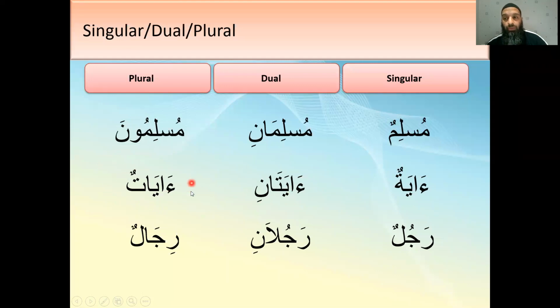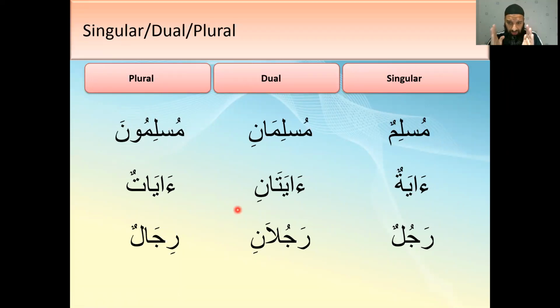Ayatun, three or more, many verses. And the last one, these are just examples to get you thinking and introducing it to you. Rajulun means a man, rajulani means two men, and rijalun means three or more men. These are different examples just to show you how plurals look.